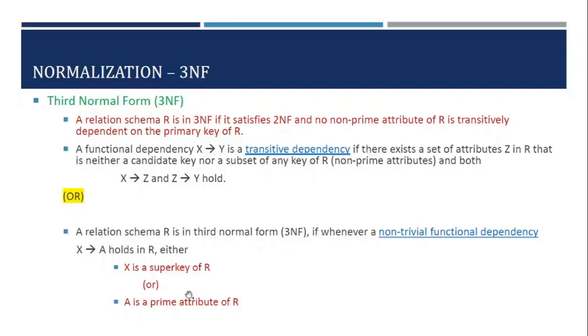There can be many keys present for a given relation, and each of these keys is called a candidate key, and one of them is designated as the primary key. So for 3NF, for every functional dependency X determines A that holds in a relation, either X, the left hand side, should be a super key, or A, the right hand side, should be a prime attribute.